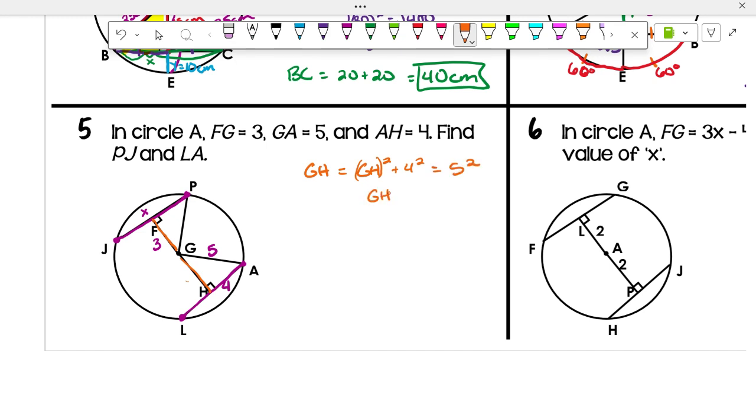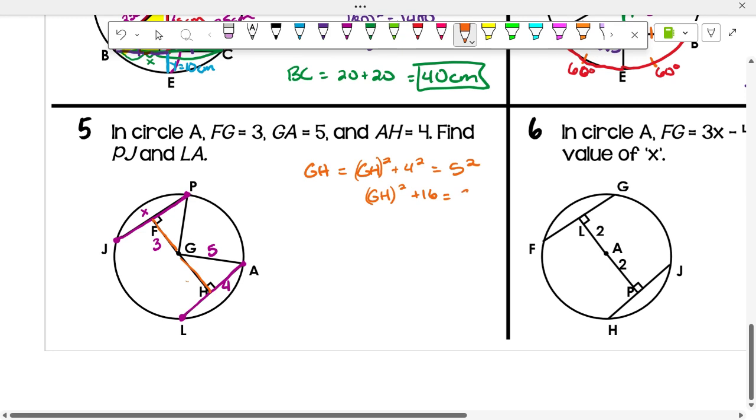So GH squared plus 16 is equal to 25. So GH squared is equal to 9. So GH is equal to 3. So they're both equal to 3.